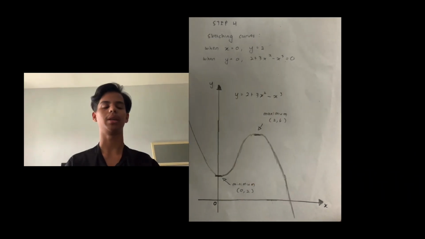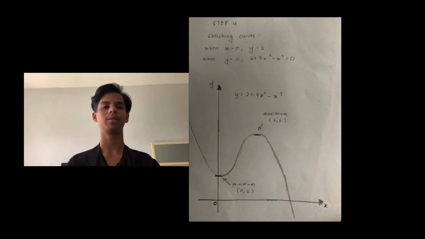And the last step is we must sketch the curve. When x equals 0, y equals 2, that is a minimum point. We must put the point at the vertical axis y. And when x equals 2, y equals 6, that is a maximum point. We must put the point at the cross point x.